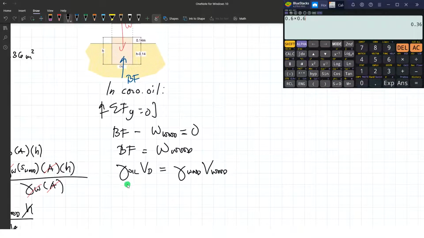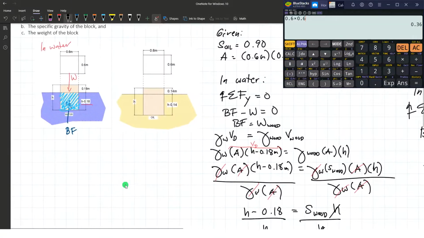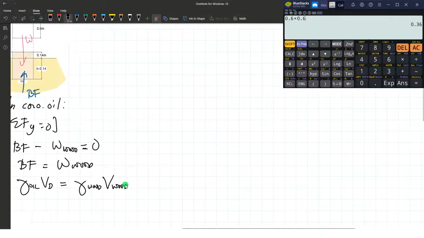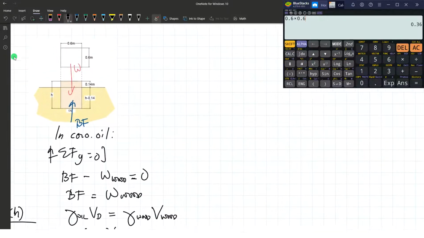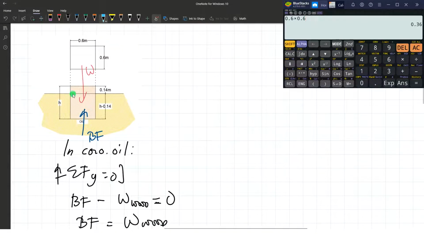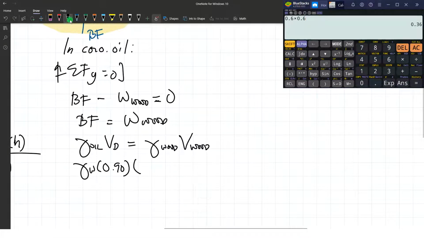For the unit weight of oil, we are given a specific gravity of oil, which is 0.9. So we just multiply the unit weight of water by the specific gravity of oil, 0.9, multiplied by the volume displaced. The volume displaced is this volume right here: the cross-sectional area multiplied by its depth, which is H minus 0.14.